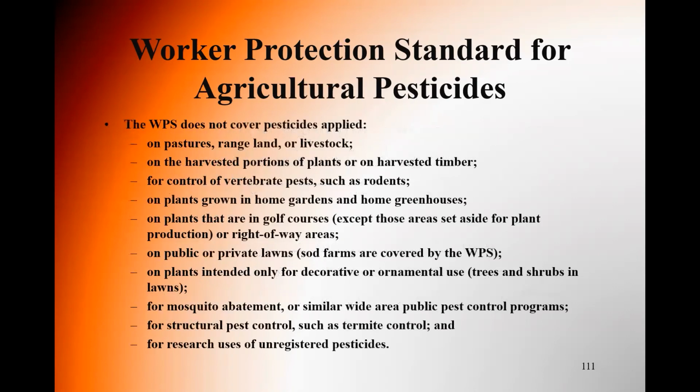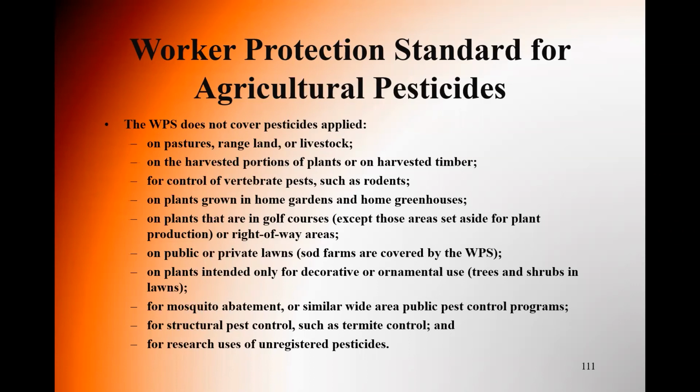The EPA worker protection standards do not cover pesticides applied to pasture, range, or livestock, or on harvested portions of plants, or on harvested timber. They don't apply to control of vertebrates such as rodents. They don't apply to plants in golf courses, right-of-ways, or public or private lawns, or plants intended for decorative or ornamental use, for mosquito abatement, for structural pest control such as termite control, and for research use.